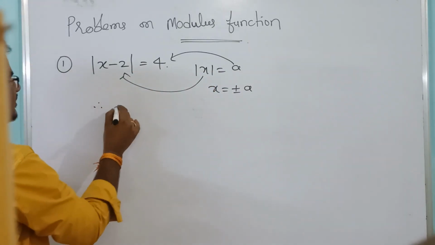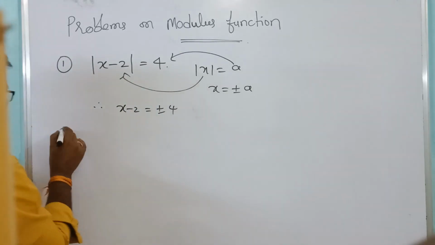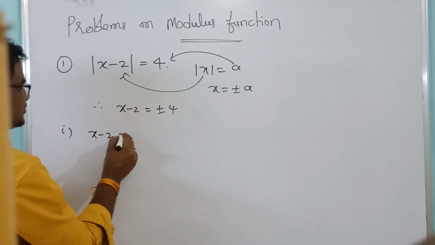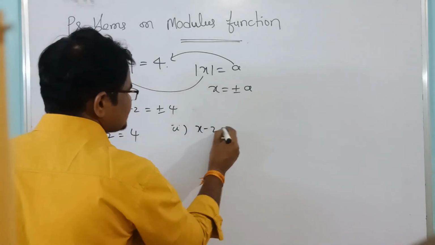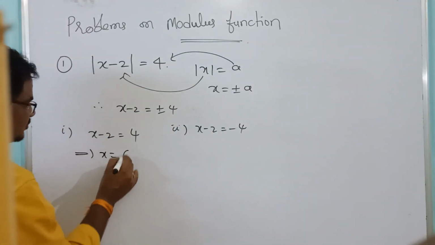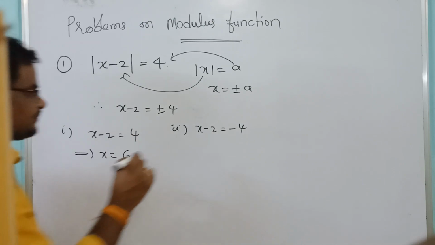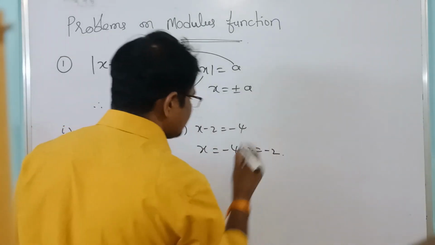So it can be written as x minus 2 equals plus or minus 4. Here there are two cases: x minus 2 equals plus 4, and x minus 2 equals minus 4. That implies x equals 6, and x equals minus 4 plus 2, that is minus 2.